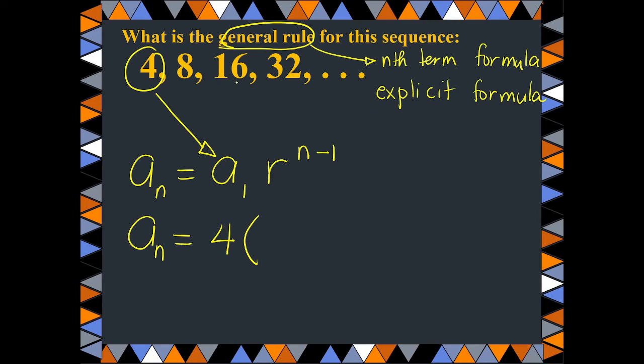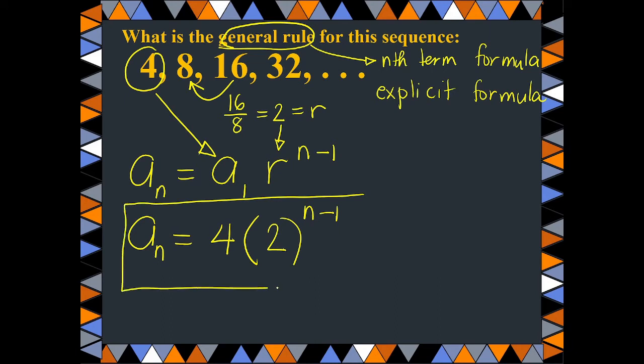If I'm going to divide 16 by 8, 16 over 8, that will give us 2, which is our common ratio. Therefore, I'm going to make r 2. And just write n minus 1, just rewrite this. And this will answer our question about what is the explicit formula.